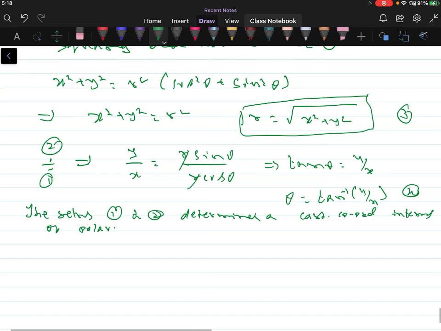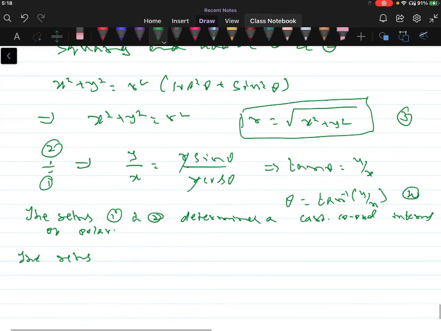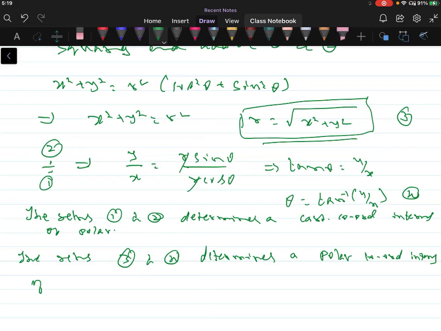Similarly, the relations 3 and 4 determine the polar coordinates in terms of Cartesian coordinates.